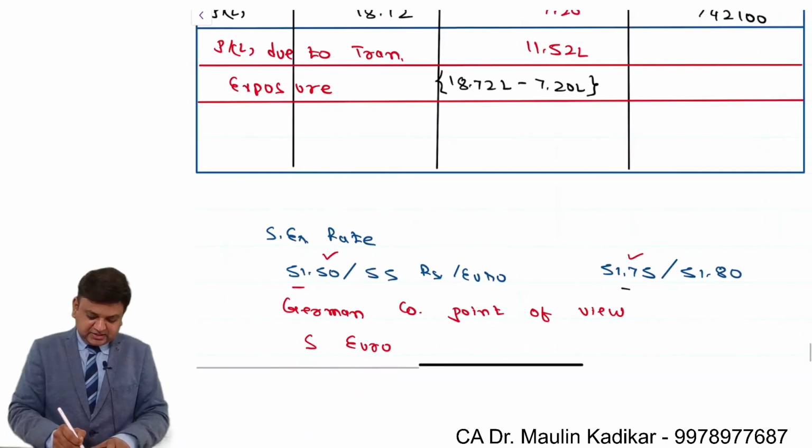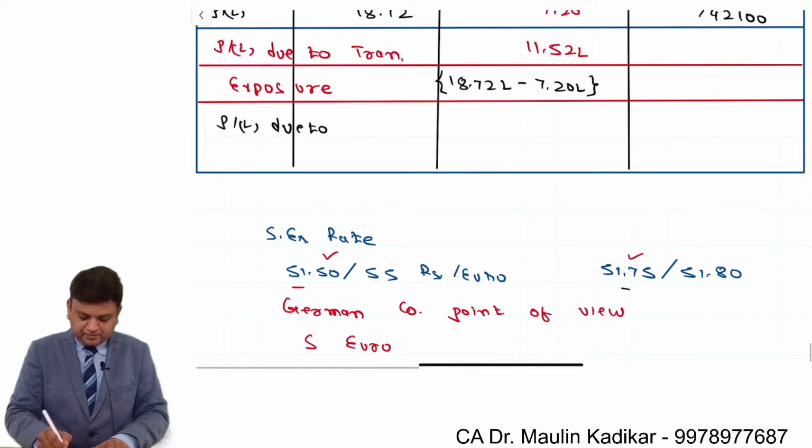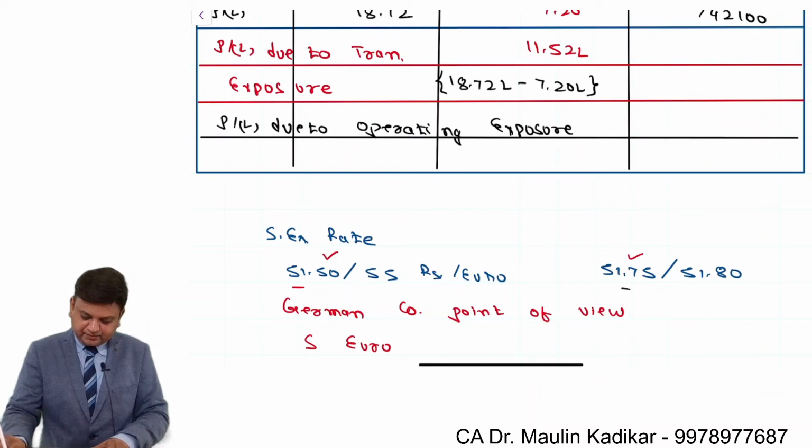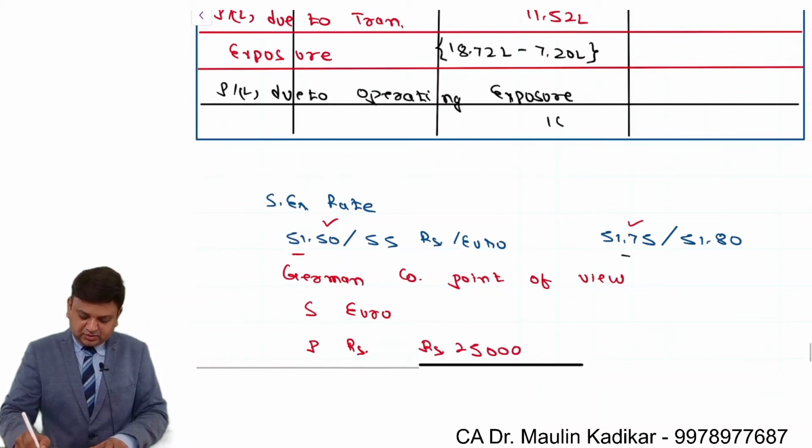So the last answer is the profit or loss due to operating exposure. It will be found like this: 18 lakh 72,000 minus 7 lakh 42,100.